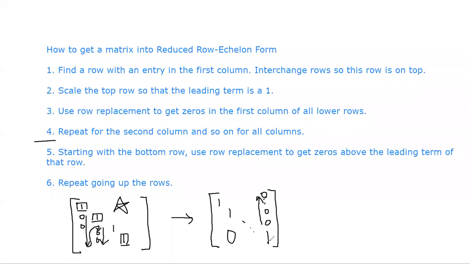Then we start repeating, going up the rows this time. So we look at this 1 right above it. We use that 1 to get zeros going up, and so on. So this is our basic technique. And we do this until we get into reduced row echelon form. This is a little bit messy, and I think it's a lot easier to see how to do this with an actual example. So let's give it a try.